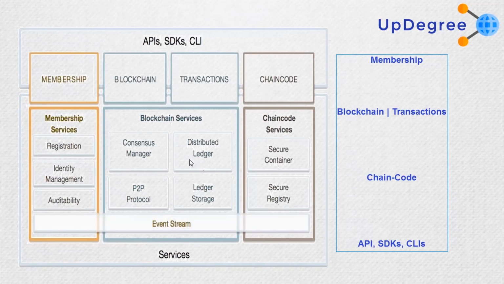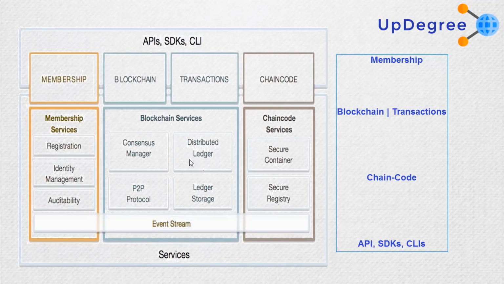The whole thing on the right side is called chain code. Basically, it contains the services, and it's mentioned in the secure container. A container is a form of a cloud where you can store. On the left-hand side, you also have membership: you can register, do identity management, and do auditability. So basically, this is the whole matrix of Hyperledger.